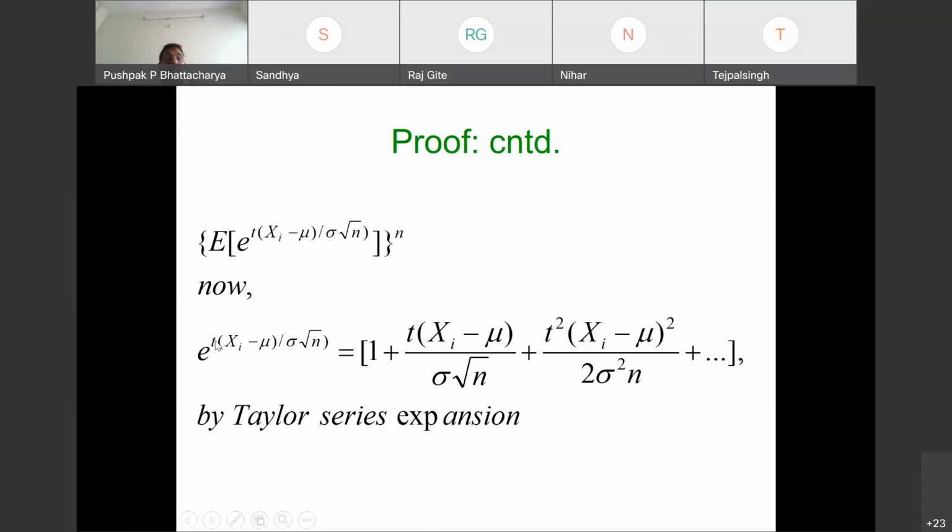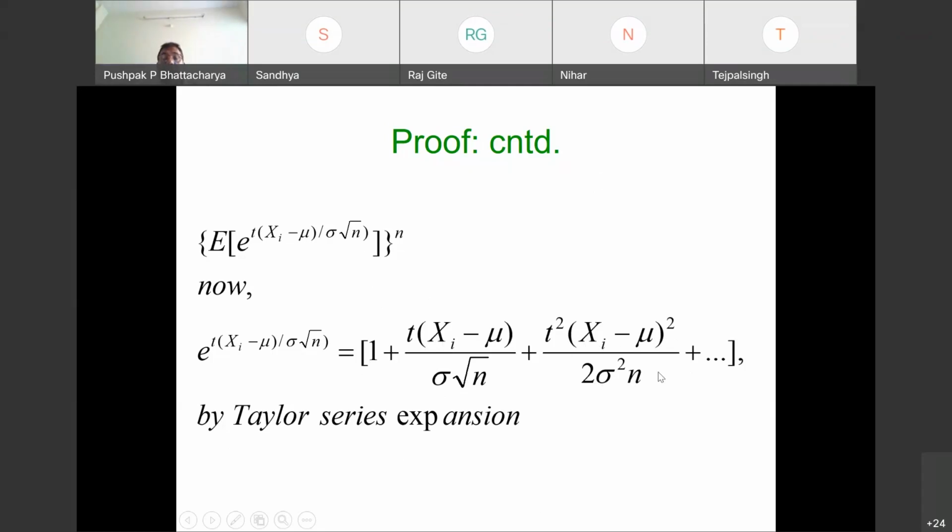Now e to the power t (xi minus mu) divided by sigma root n can be Taylor series expanded. And we get 1 plus t into (xi minus mu) divided by sigma root n plus t square (xi minus mu) square by 2 sigma square n, and so on.